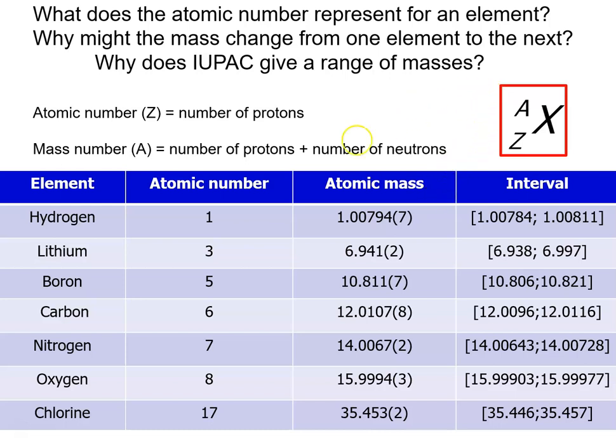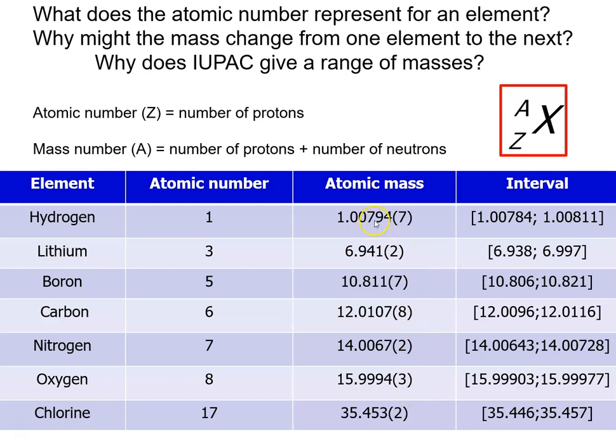The atomic number for a specific element like hydrogen is always going to be 1. For lithium, that's always going to be 3. Boron's always 5. Now this A number can change, and it depends on the number of neutrons fused within that atom. And so we typically have averages shown on the periodic table.